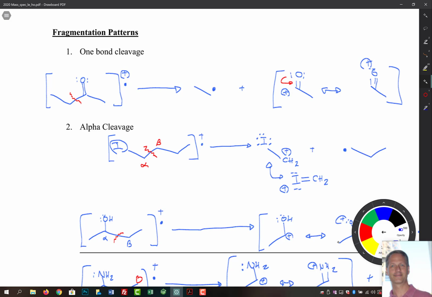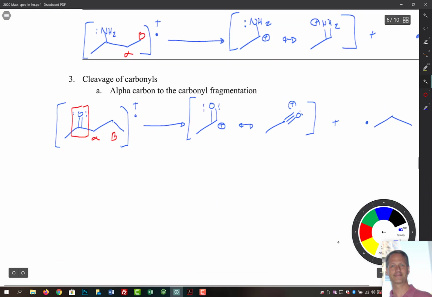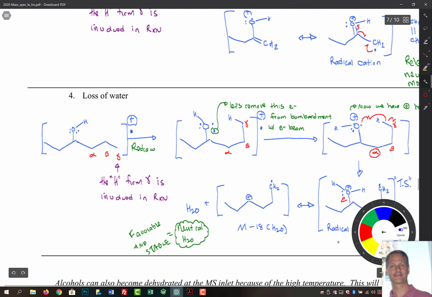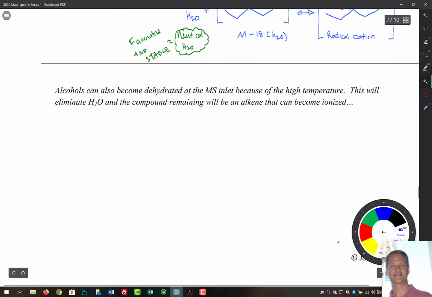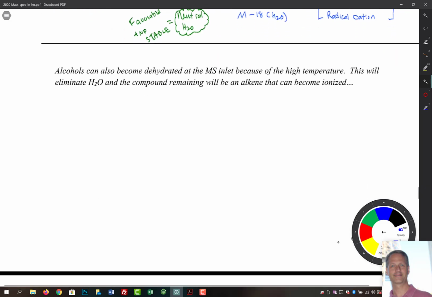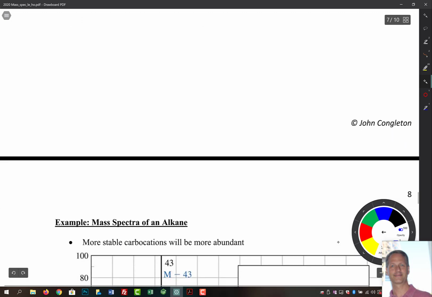So we've already seen alkane fragmentation. So there's one bond cleavage, there's alpha cleavage, carbonyls, something called McLafferty rearrangement. You have loss of water for alcohols. So again, we'll go back and consult these as we are encountering these situations.